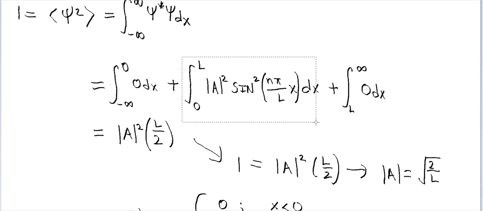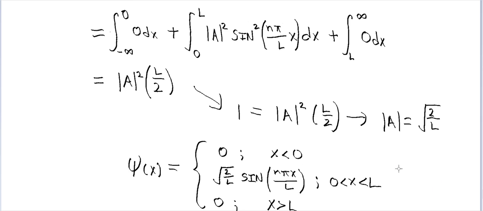So this term is just going to be a squared times L over 2, right? But if we really do insist that this is equal to 1, then a squared times L over 2 has to equal 1. We can solve that for a. A is just equal to radical 2 over L.